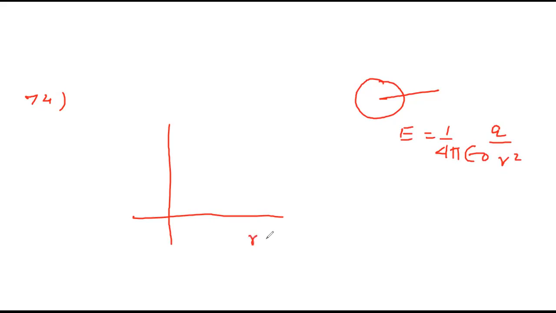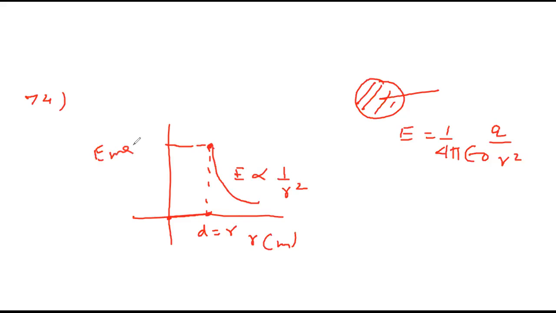That means till the distance equals the radius, inside intensity is 0. At r equal to the radius, E will become maximum, then it will be curved such that E is inversely proportional to r square. Here E is maximum, which is KQ upon capital R square. Check this type of figure. Yes, D.